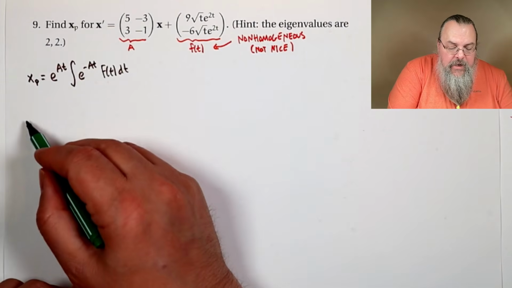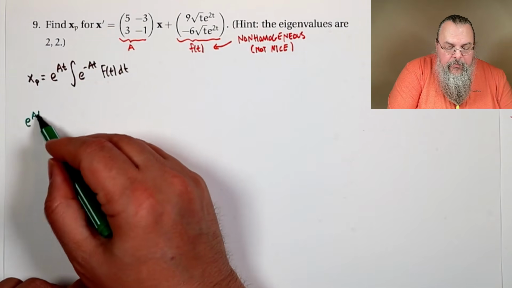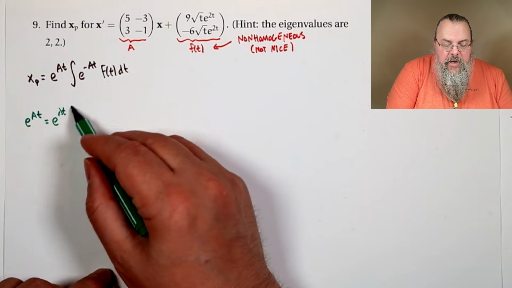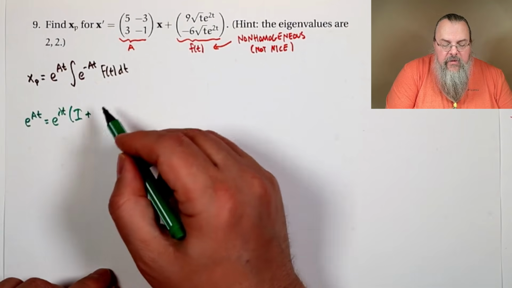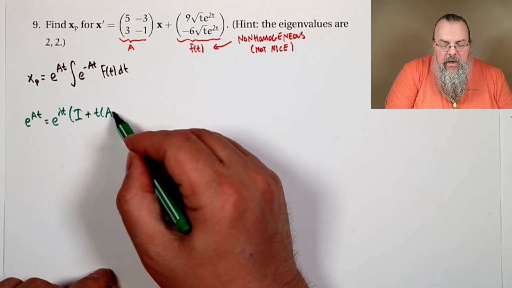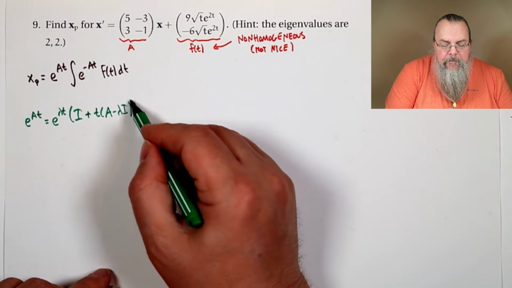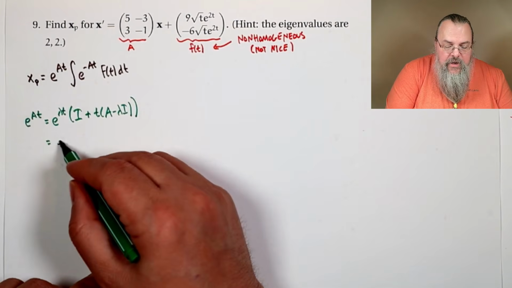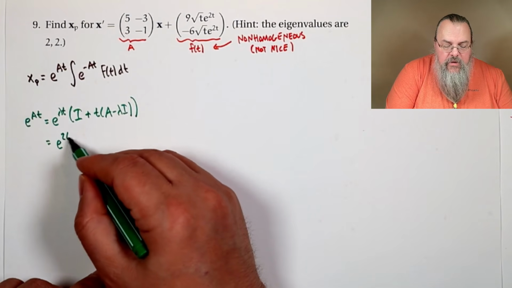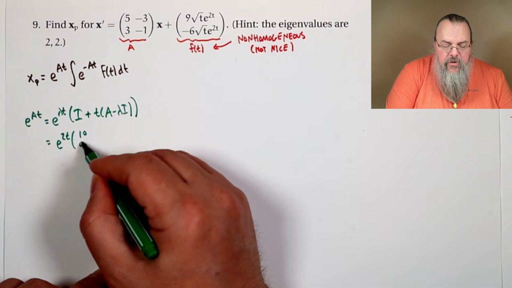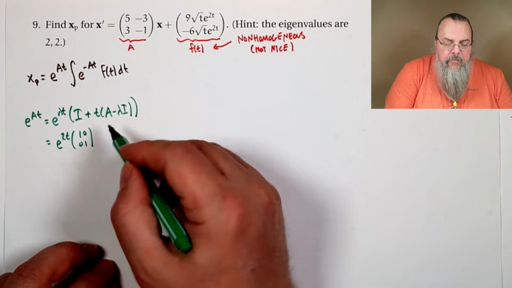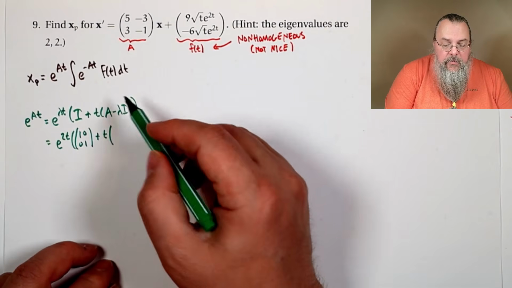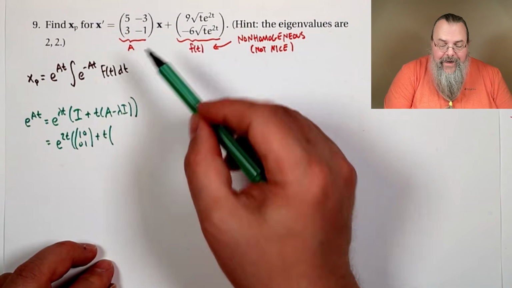So I'll write that down. We have that e to the at is equal to e to the lambda t times the identity plus t times A minus lambda I. Now for us, our eigenvalues are 2 and 2. So that says lambda is 2. So e to the 2t, 1, 0, 0, 1, plus t. And now subtract 2 off the diagonal.